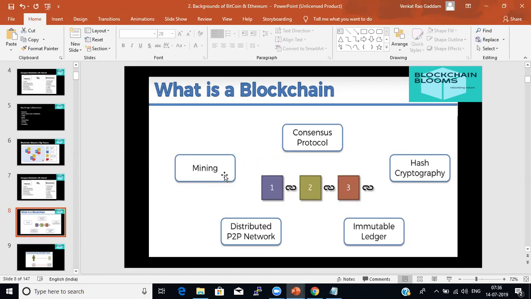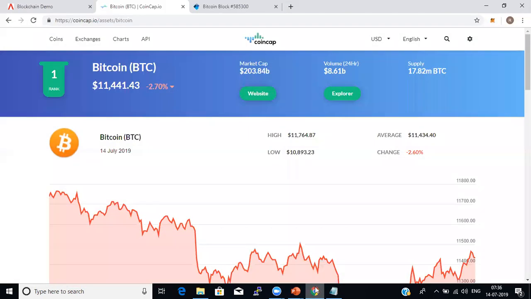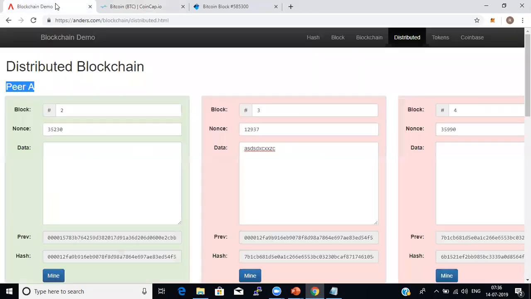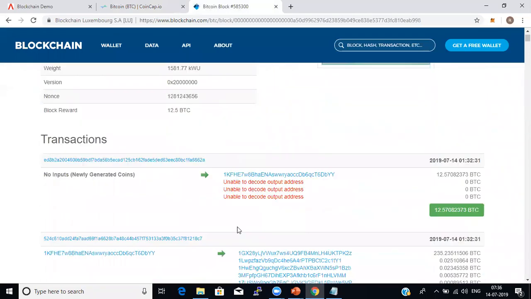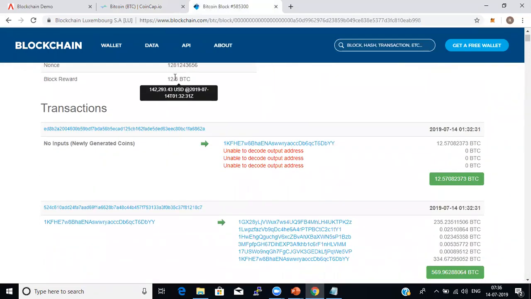You need to understand that one block's reward today is about $142K US.